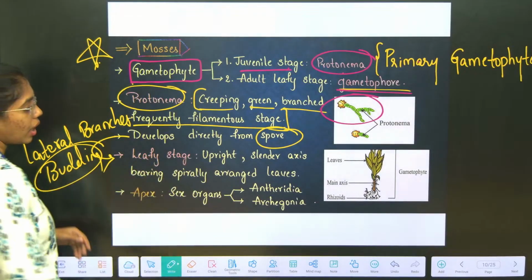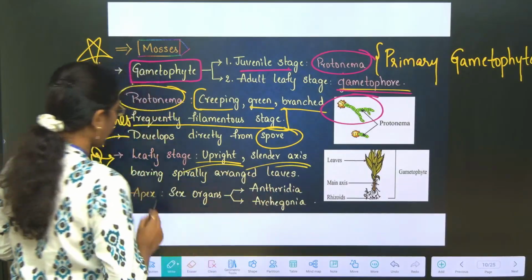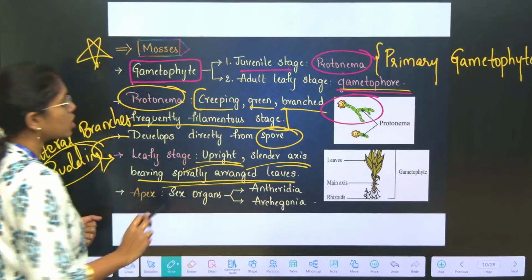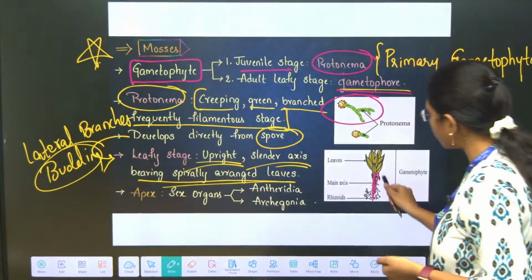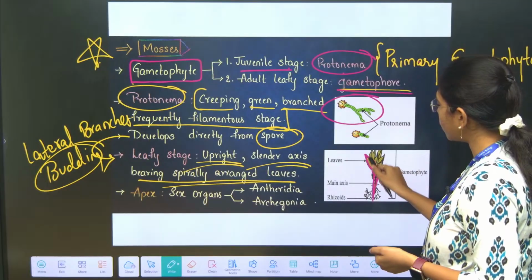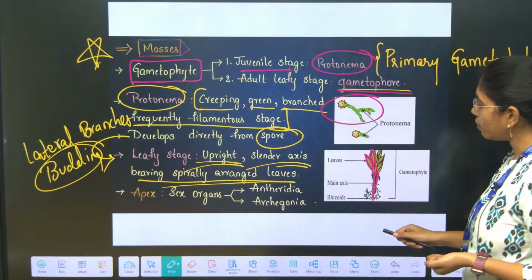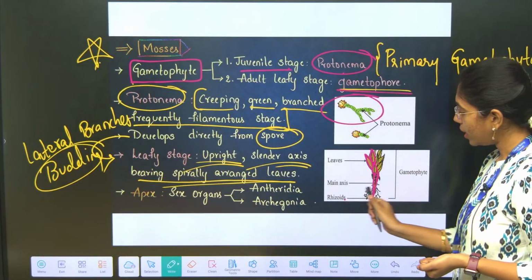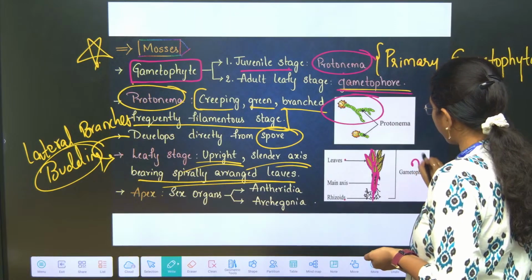So, what is the adult leafy gametophytic stage? The upright slender axis which bears spirally arranged leaves. This is called the leafy stage. Here in the leafy stage you can observe rhizoids, main axis and leaves. All these are haploid.